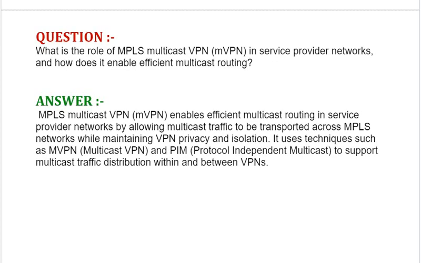Our next interview question is, what is the role of MPLS Multicast VPN (MVPN) in service provider networks, and how does it enable efficient multicast routing? Your answer should be: MPLS Multicast VPN, MVPN, enables efficient multicast routing in service provider networks by allowing multicast traffic to be transported across MPLS networks while maintaining VPN privacy and isolation.